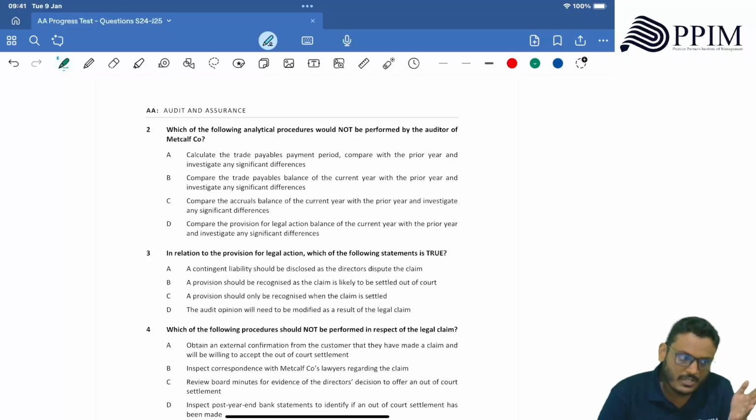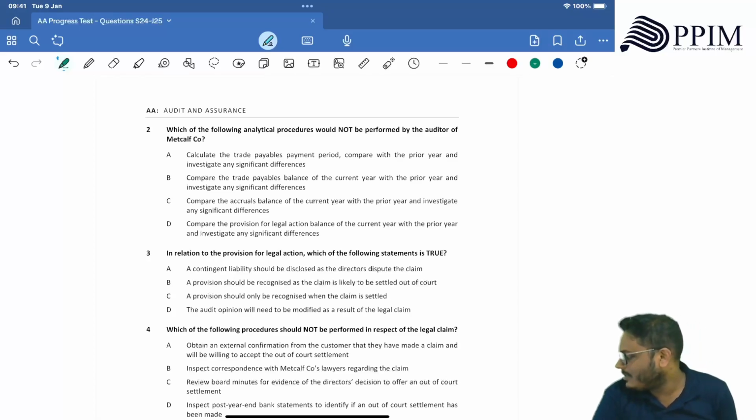If your procedure is moving towards order, goods dispatch, sales invoice, in that direction, that is called left to right direction, this ensures completeness. Right to left direction, which means sales recorded, goods dispatch, order accepted, that is occurrence. So right to left is occurrence, left to right is completeness.